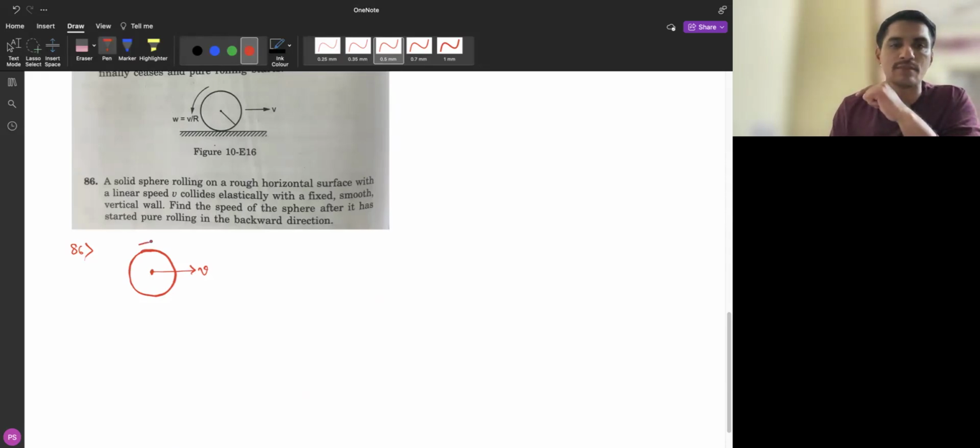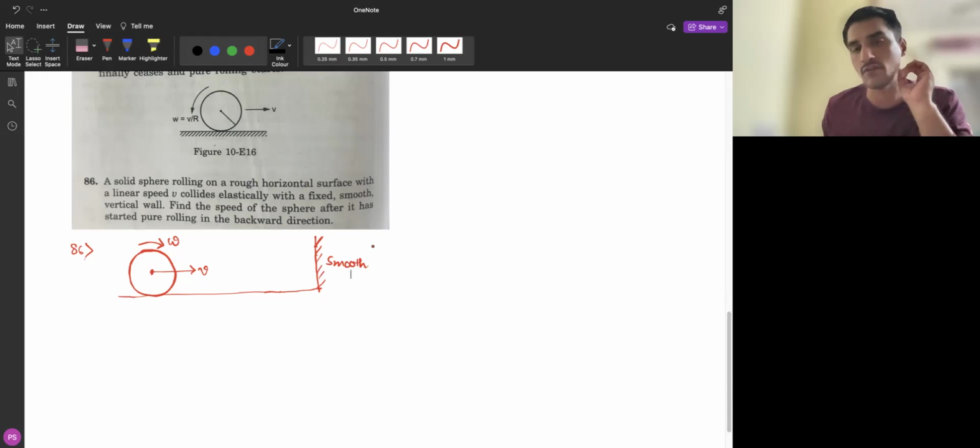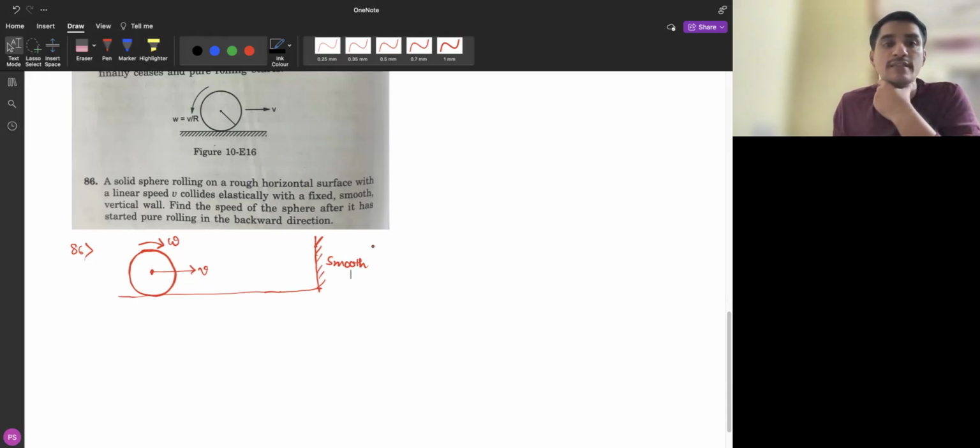Rolling means definitely it is pure rolling only, with omega. It collides elastically with a fixed, rigid, smooth wall. This is the wall, so it comes and collides with this. Here this wall is smooth. There is a lot of difference when the wall is rough and when the wall is smooth. Now here the wall is smooth.